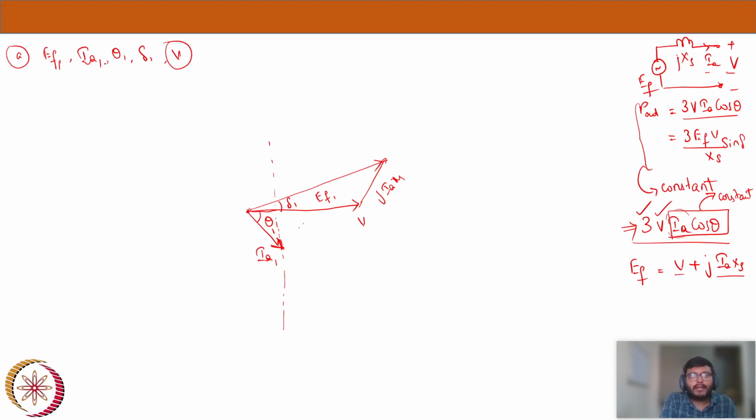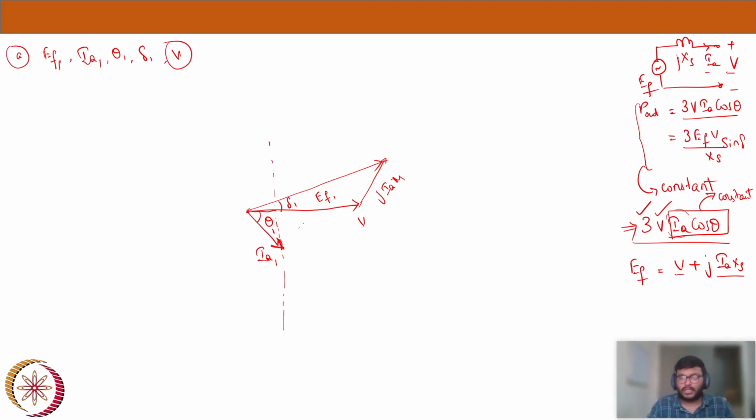These are the initial conditions. And IA cos theta, we know, has to be constant on that line, whatever excitation you give. Now we have drawn the excitation, that is, EF1 we have found.